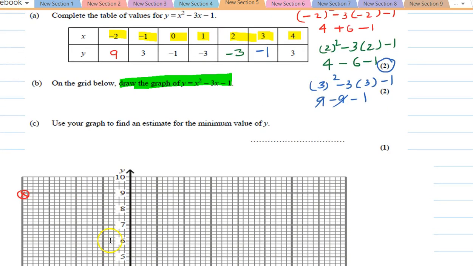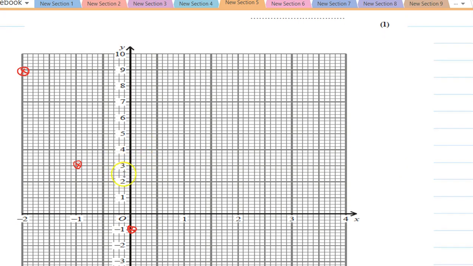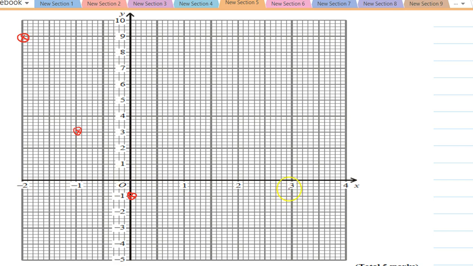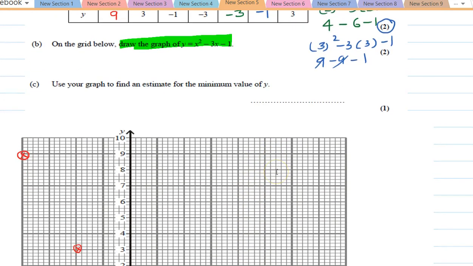Now the next value is 1 and minus 3. So let's go on the positive side. This is 1 and this is minus 3. Next value, if you see, is 2 and minus 3.